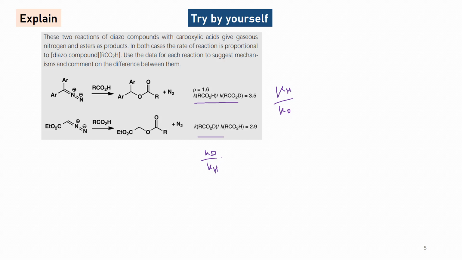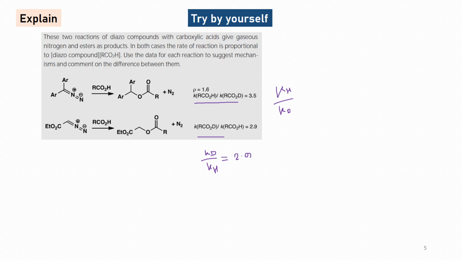Now usually, whenever any kinetic isotope effect is given, it is given as a kH by kD value, not kD by kH, because we know kH by kD greater than 1 means a primary kinetic isotope effect.